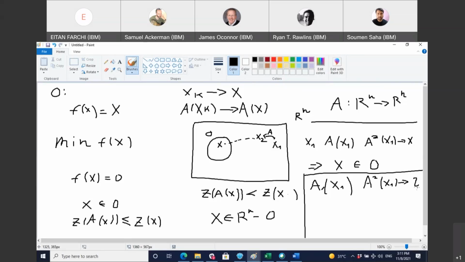Assuming this, so assuming x, A of x, and A square of x converge to x, where does A of x1, A square of x1 converge to? Any thought?